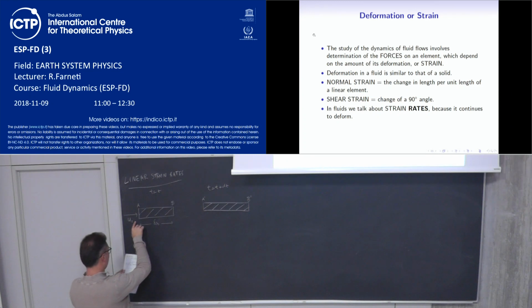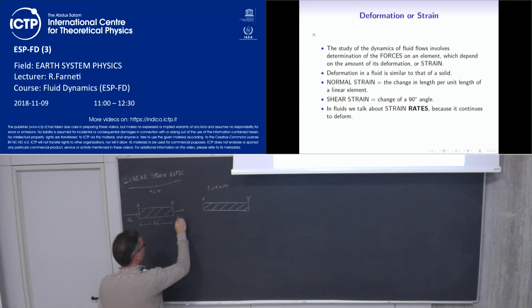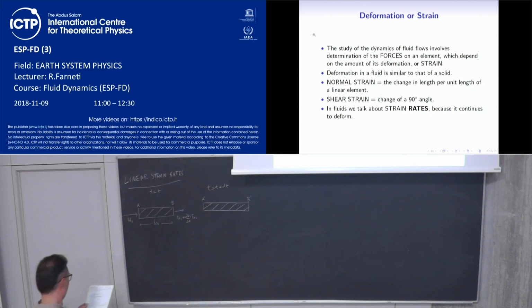So again, here I have a U1, here I have a U1 plus its variation because of the length delta x1. Okay? So what is happening at t plus delta t?